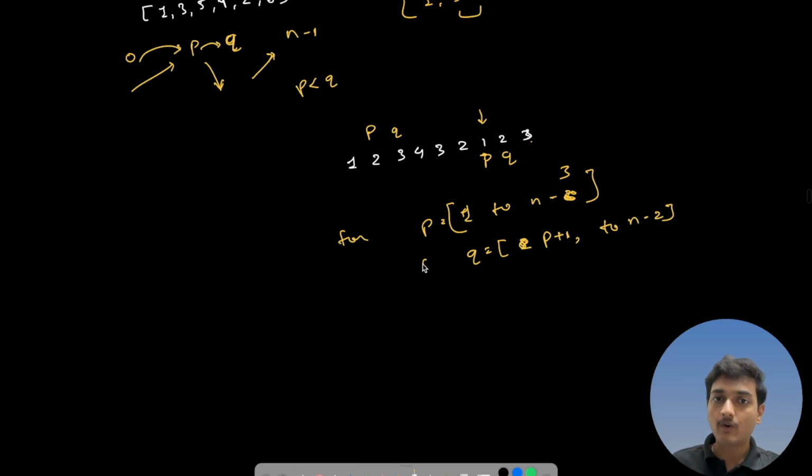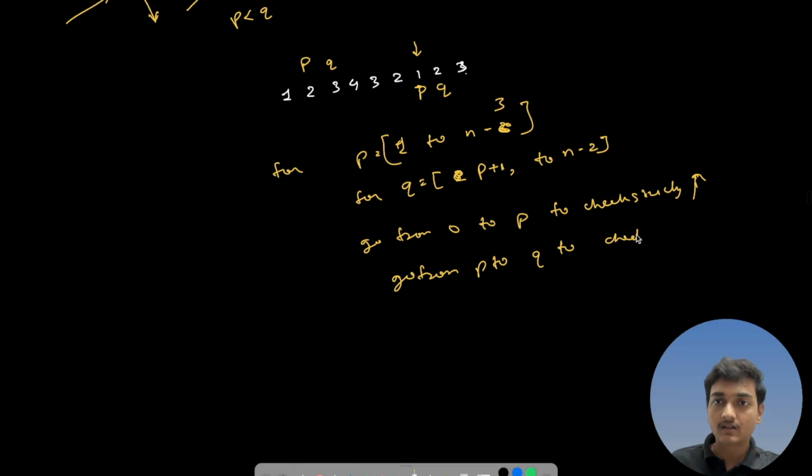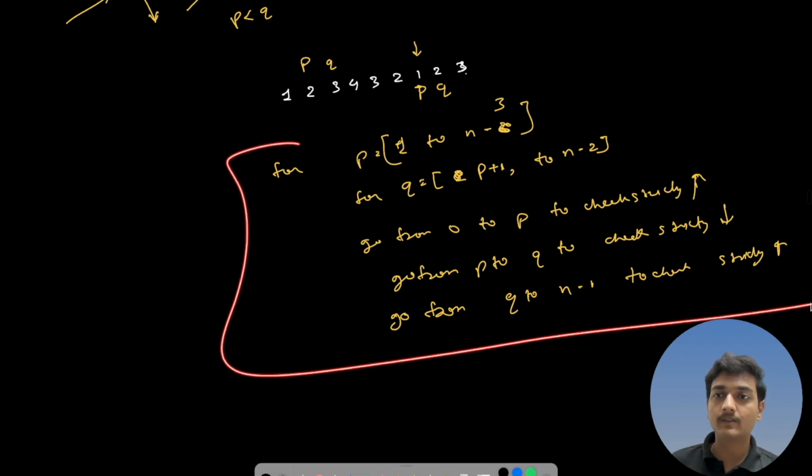There will be two for loops, and in the brute force approach we'll check: go from 0 to p to check strictly increasing, go from p to q to check strictly decreasing, and go from q to n minus 1 to check strictly increasing again. So these three things are the brute force approach.